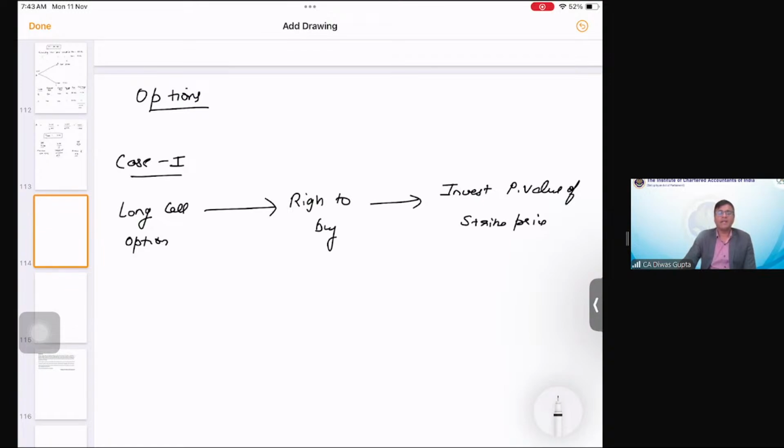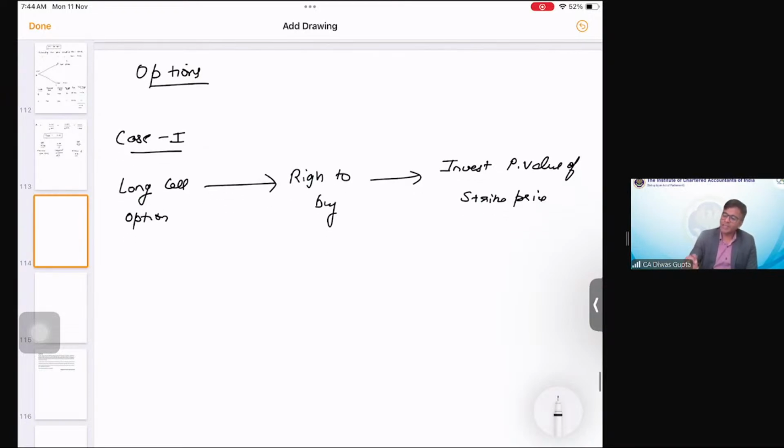On expiry, I will get the strike price equivalent value, correct? And that strike price equivalent value I will use to execute the call option. Clear? So this is one of the cases.